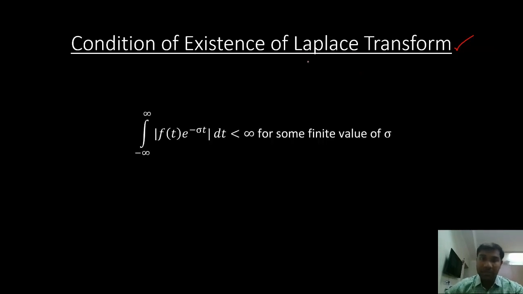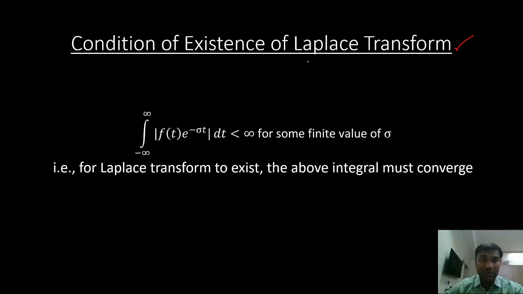In case of Laplace transform, there's only one condition. That is, the integral from minus infinity to plus infinity of mod of f of t e power minus sigma t dt must be less than infinity, for some value of sigma, right?